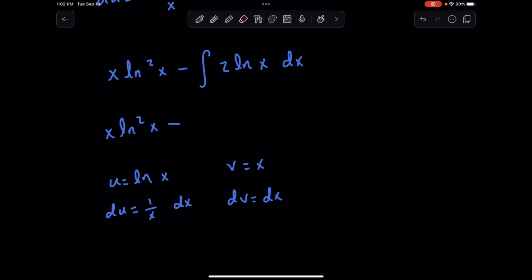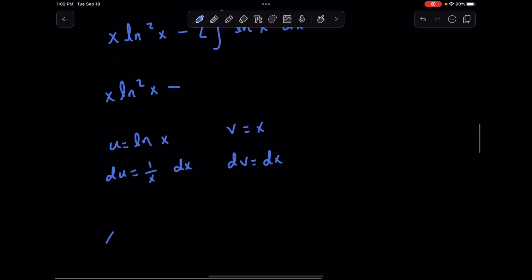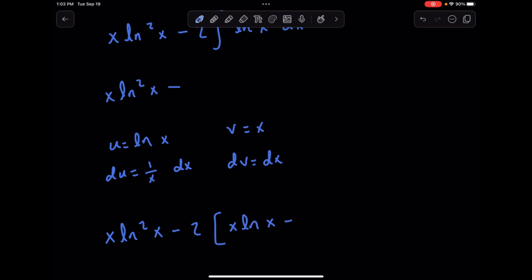Well, let's go ahead and say this 2 is on the outside, and we'll multiply it at the end. So now we can say that this is x ln squared x minus 2 times x ln x, which is u times v, minus the integral of v du. In this case, it's just dx.